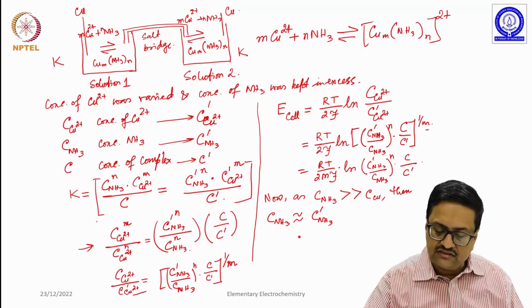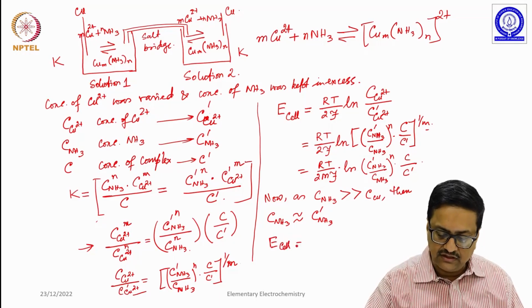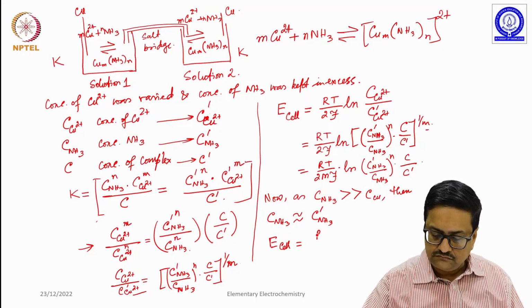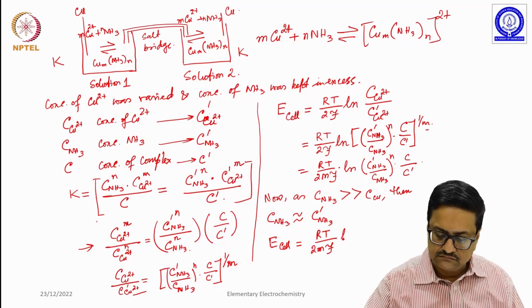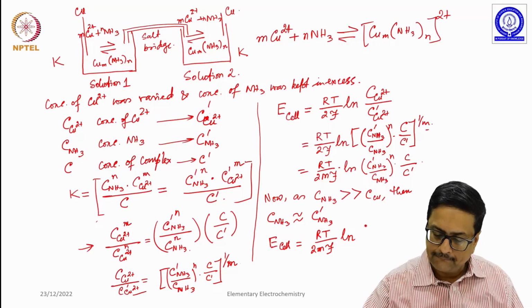So, with this approximation you can write E cell as equal to RT by 2mF ln C by C prime.